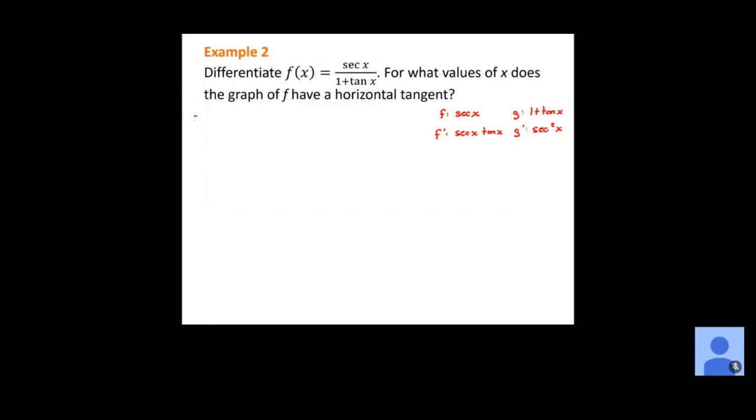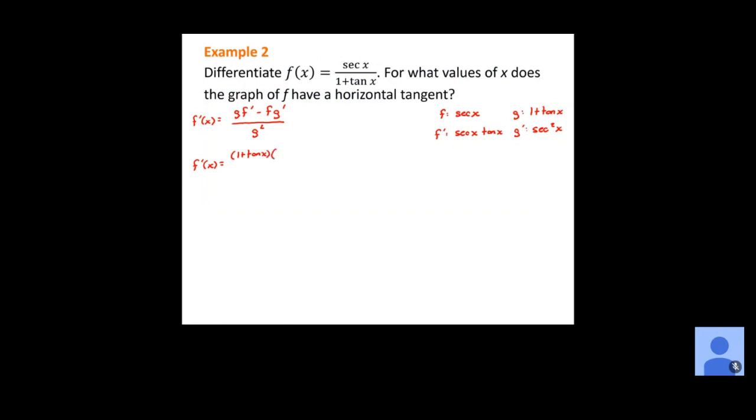All right, so now f prime of x. Remember, start with your g function here. So it's going to be g f prime minus f g prime all over g squared. Now we've got f prime of x equals, we start with g, that's 1 plus tangent x.